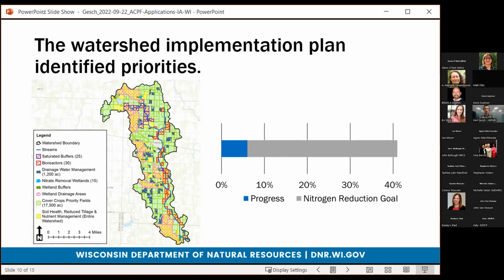So the blue and purple areas on the map. Based on the level of implementation as of a few years ago now, the slide is a bit dated, they were anticipating some really good progress in reducing the nutrient loads from that watershed. And that's continued over the last few years as well.